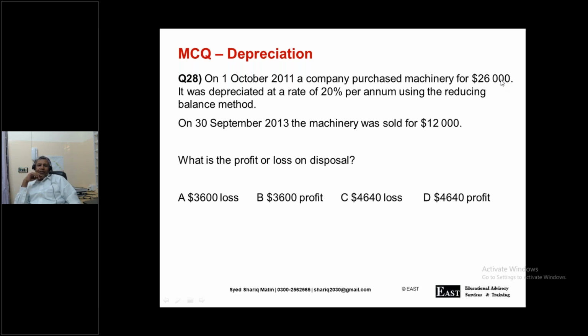Okay, can I have your attention here because I'm not getting any answer? I don't know why. I am explaining it. Let's start with this one. The cost is 26,000 and the rate of depreciation is 20%. You're using the reducing balance method. You know what is reducing balance method?